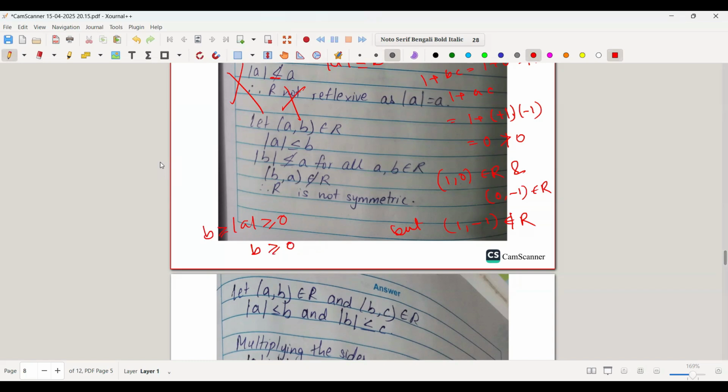And B greater than or equal to 0 means B is positive, then B is always greater than A already. Okay, so this is correct.